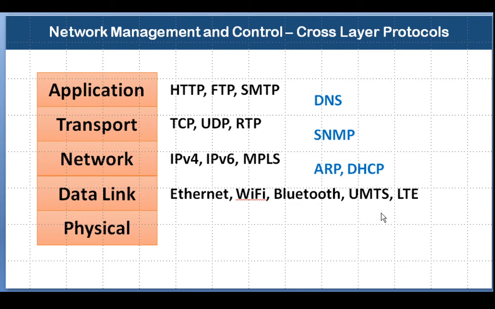If you say it is a network layer protocol, you are wrong. Because it is a cross layer protocol which works on both the layers, and has the functionality of both. So ARP, DHCP, SNMP, DNS, they are the cross layer protocols.